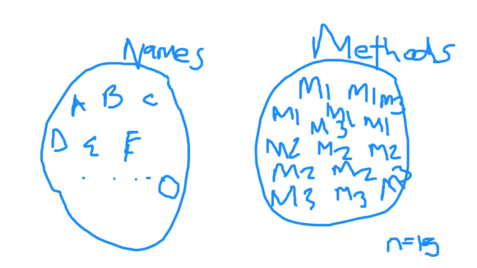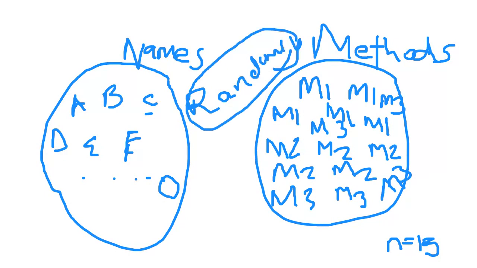So when you want to select the name of the student, we have to randomly select the name of the student from this jar.